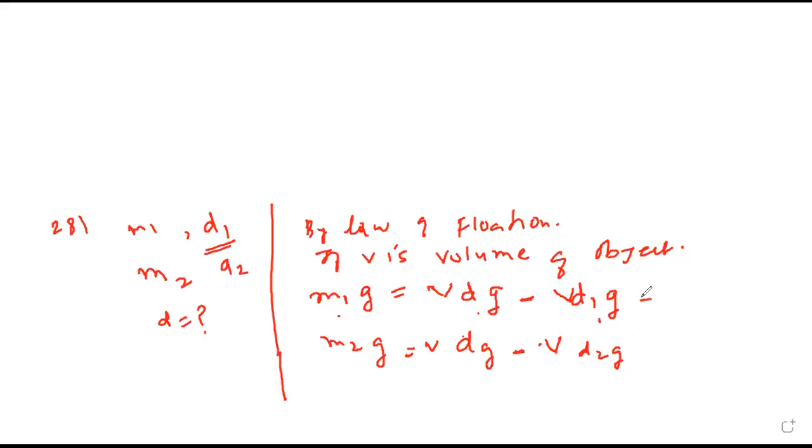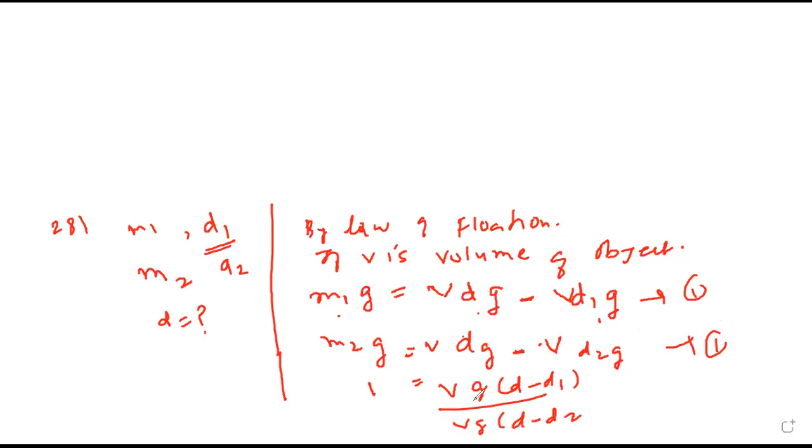Therefore, dividing 1 by 2, we get m1 upon m2 equals V g d minus d1 upon V g d minus d2. Vg cancel.